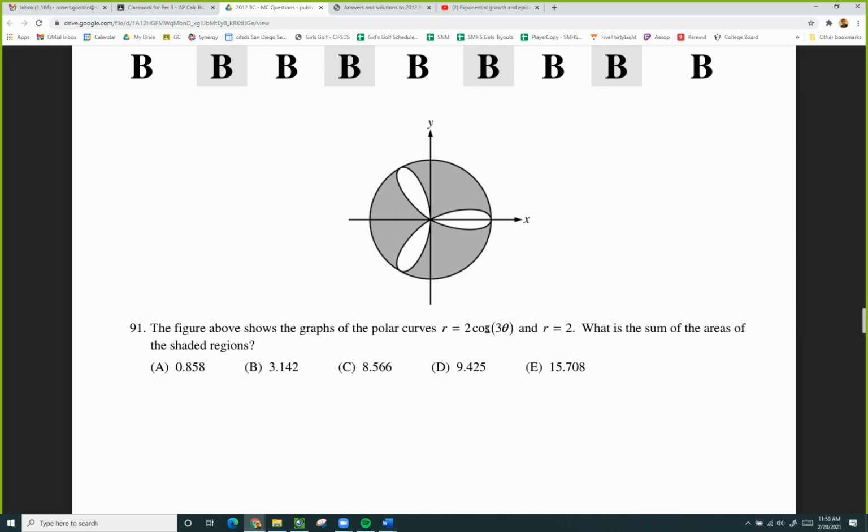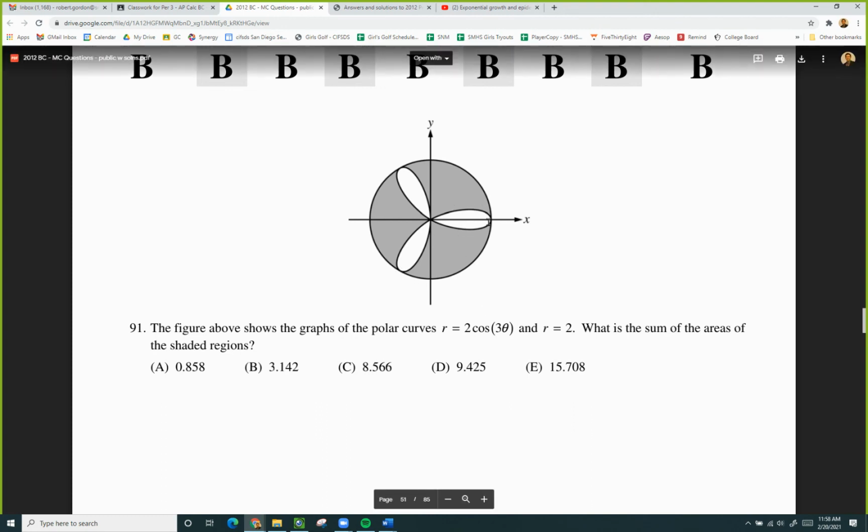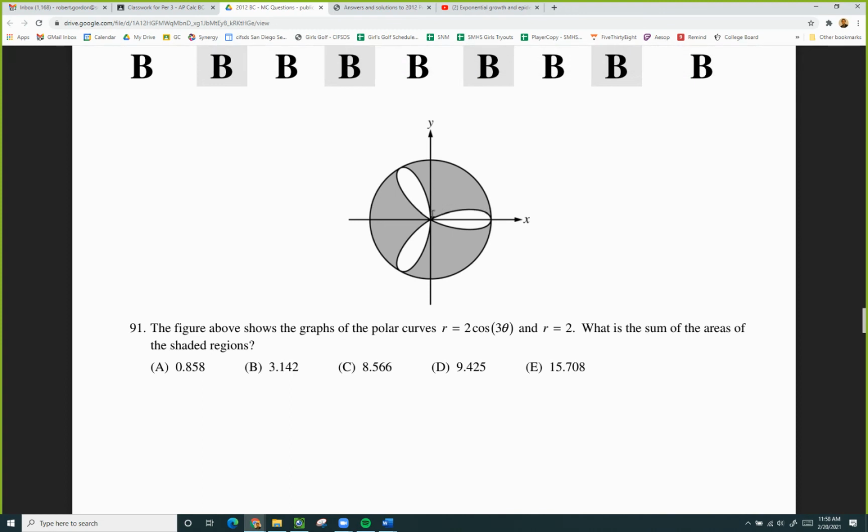Cosine of π is -1. And so when you have an r value that's negative, we should be outputting here, but our r value is negative, so we output in the exact opposite direction. So this point right here is when θ = π/3 because the r value is negative. So the curve went from here along here to here from 0 to π/3.